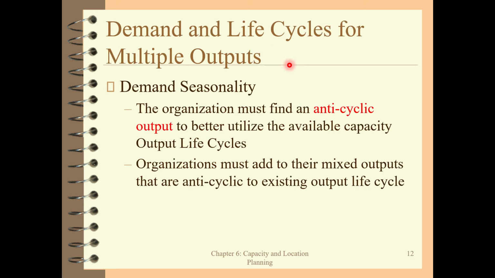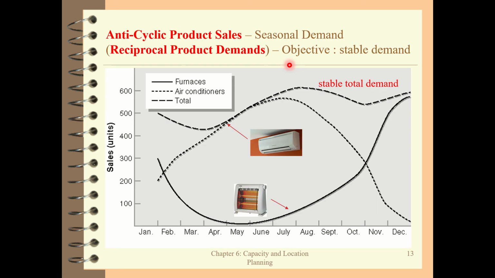And we need to look at demand and life cycle for multiple products. If you look at seasonal demand, this is the sales and this is the period or time. If our factory produces air conditioners, this is the demand for air conditioners.